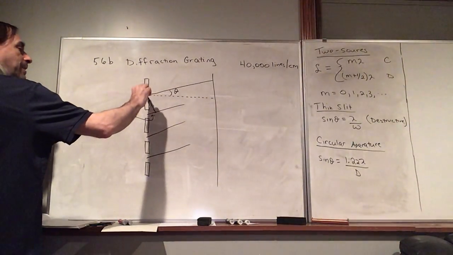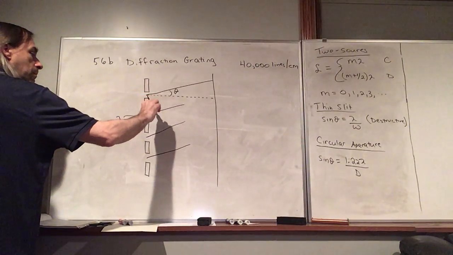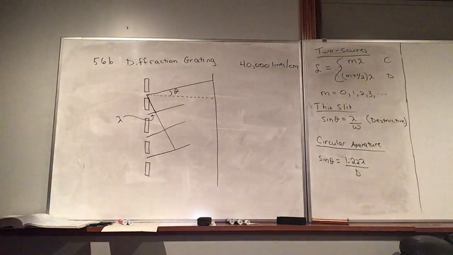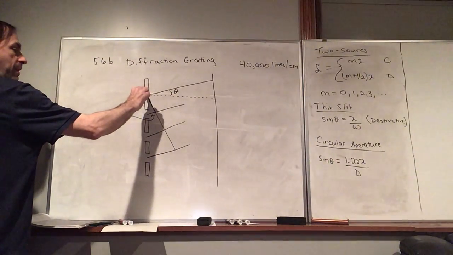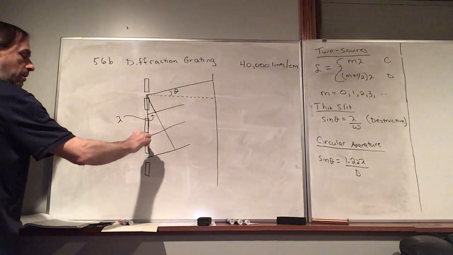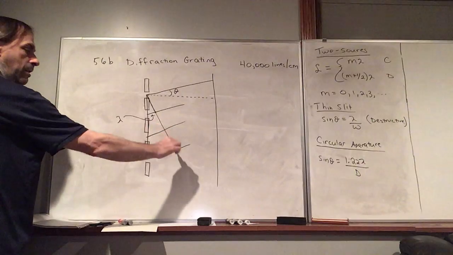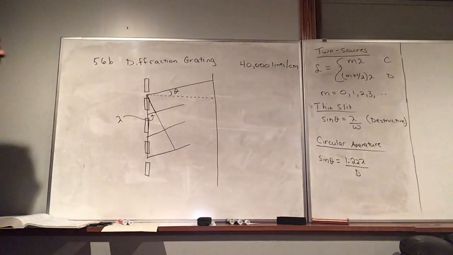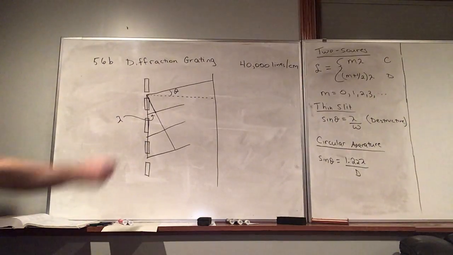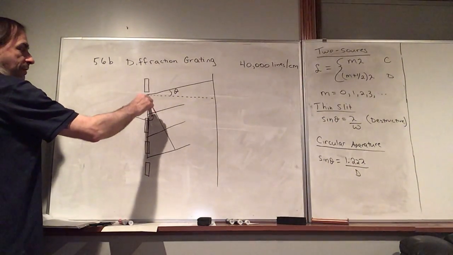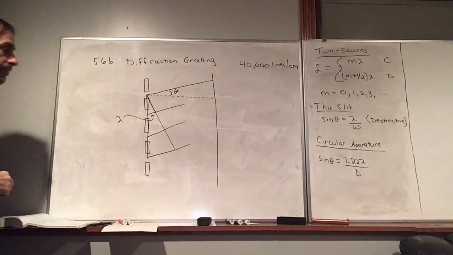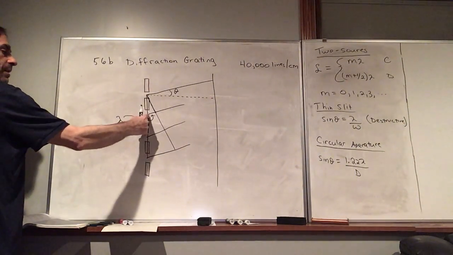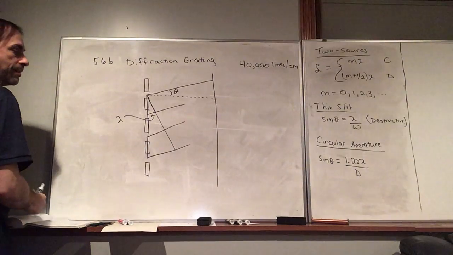So let's extend this triangle here. This is lambda, and we have this big triangle here, where these are just two lines. Basically all these triangles have the same angle here, theta, and they're equally spaced, so this distance is the same as that distance.